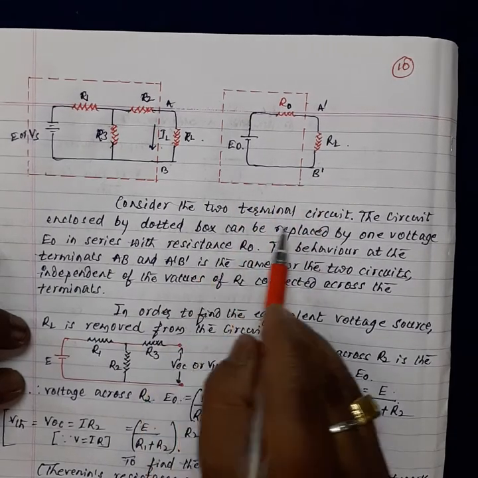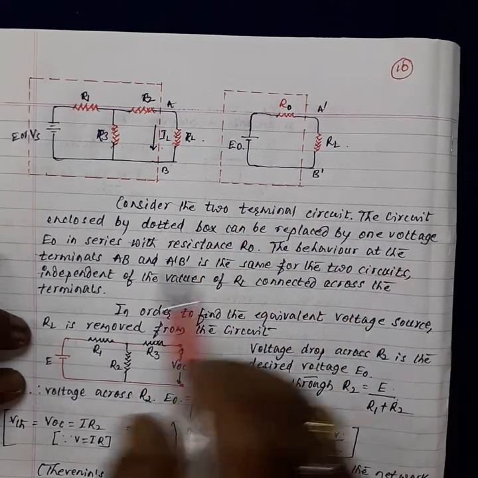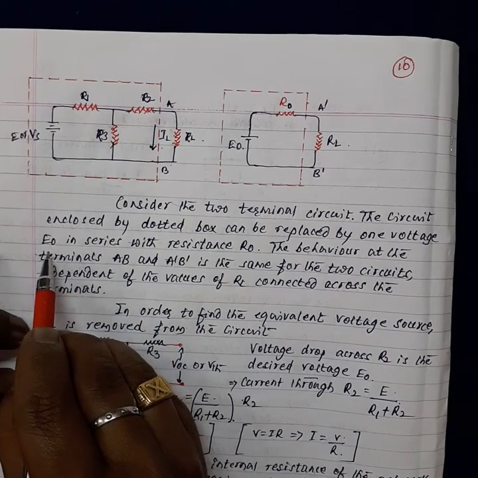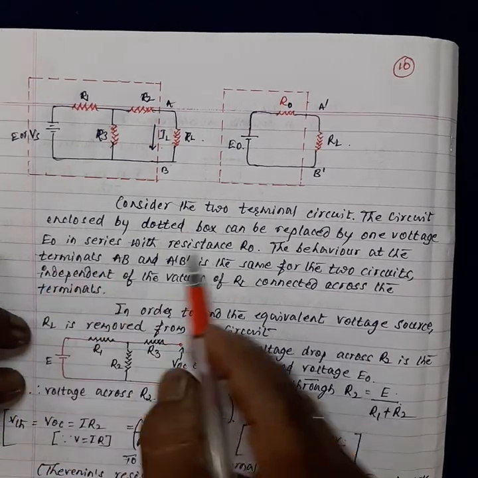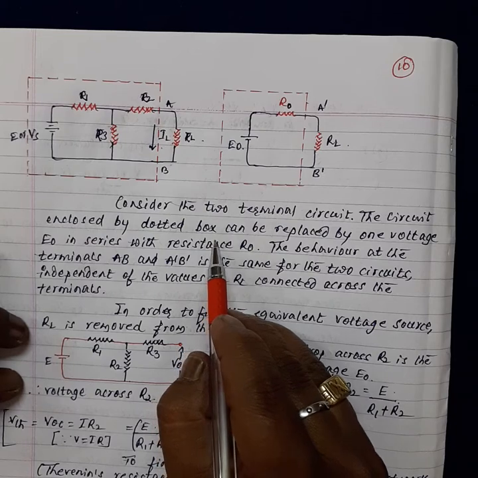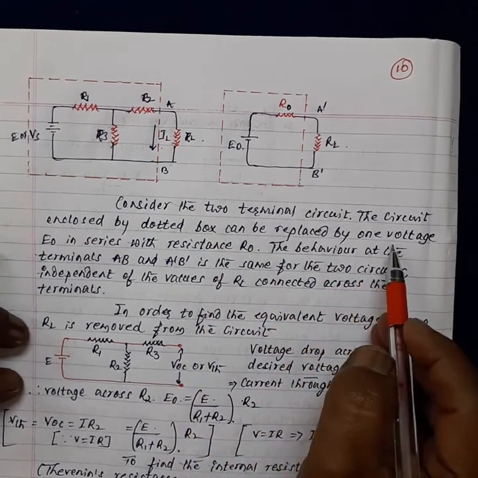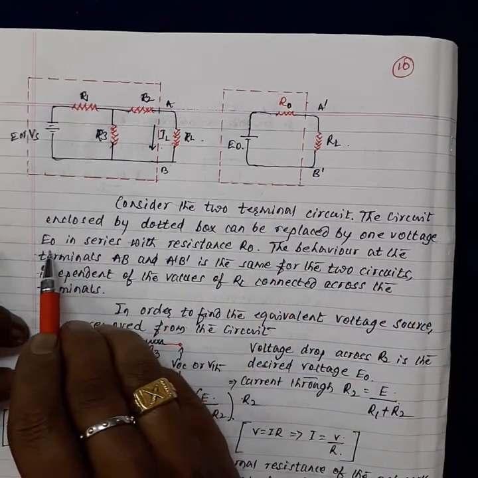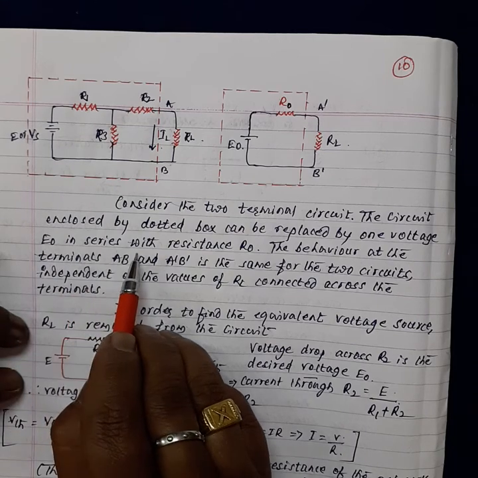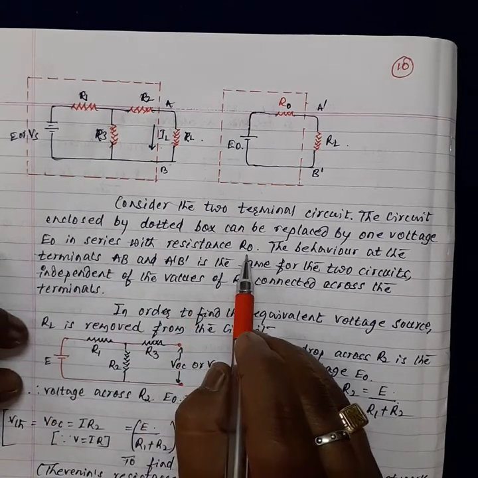So consider the two terminal circuit. The circuit enclosed by a dotted box can be replaced by one voltage, that is E0, in series with the resistance R0.